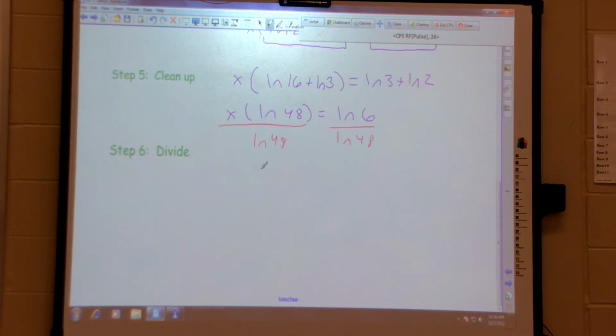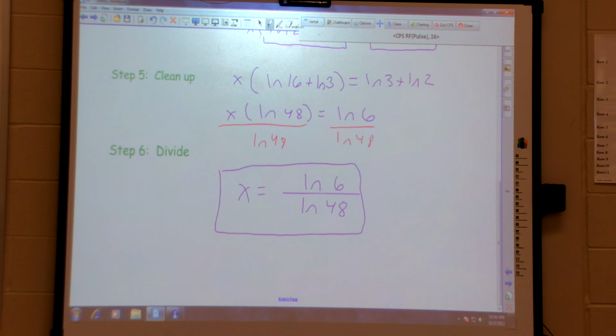So they cancel over here. I'm left with x equals natural log of 6 over natural log of 48. These do not reduce. They're in 2 different logs. Don't you dare try to reduce that. That's it. Voila.